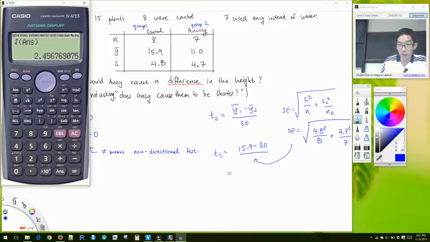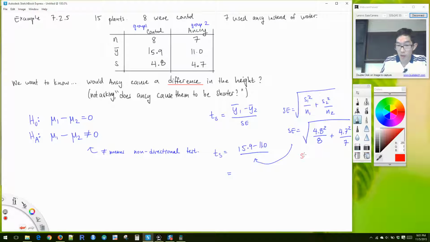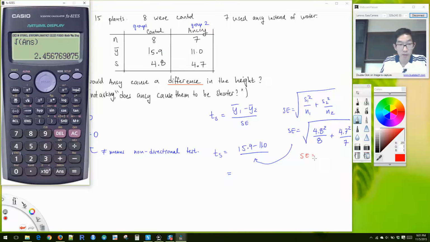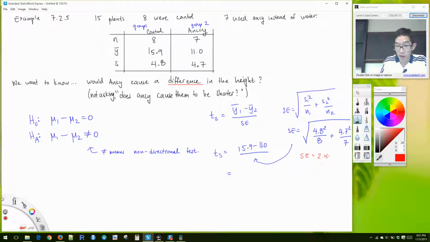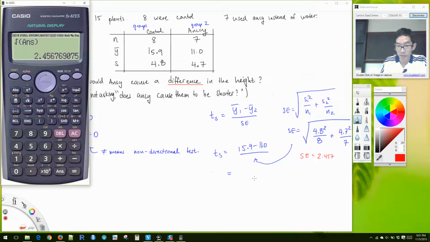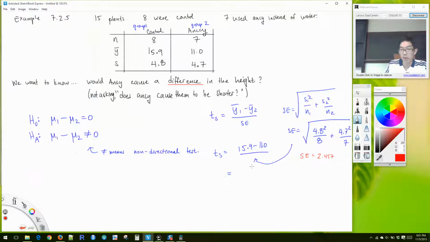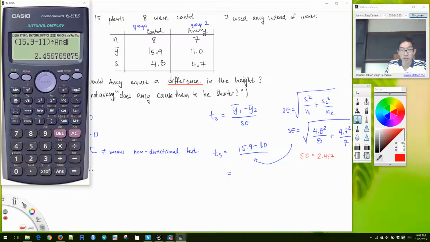My standard error is 2.457. So here I have 15.9 minus 11 divided by the answer, and I get 1.994.